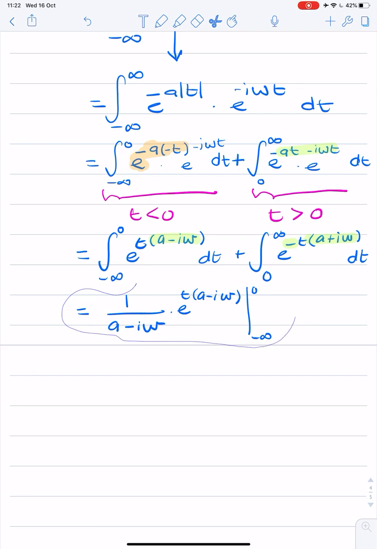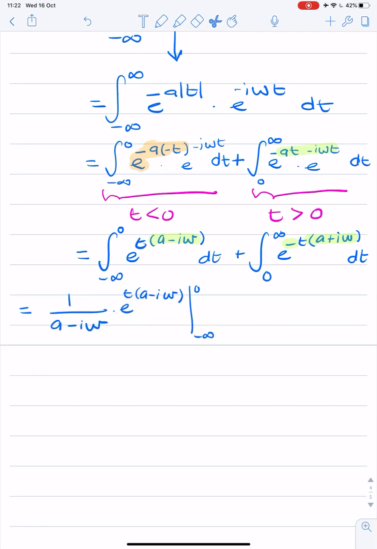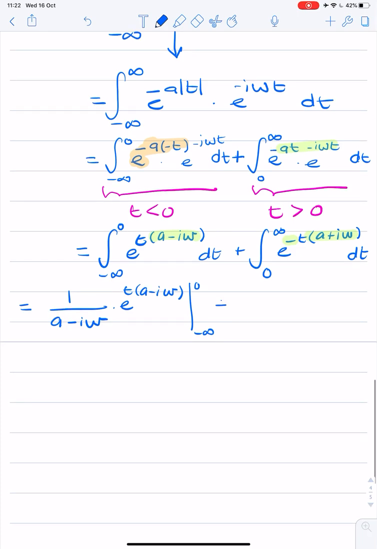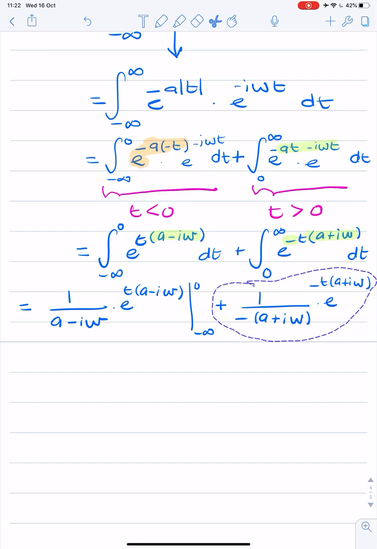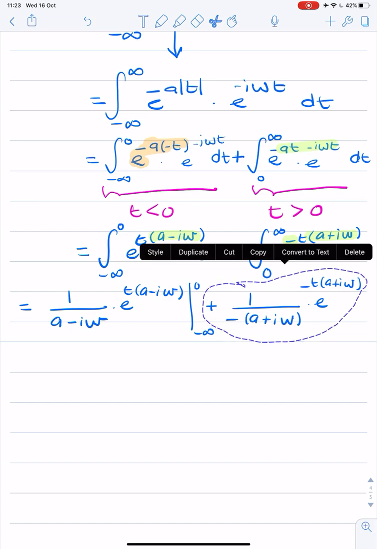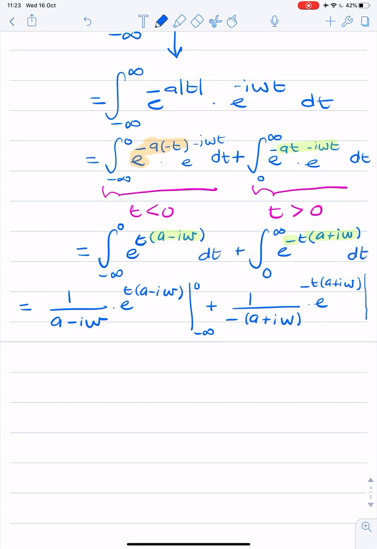Then I can add the same again, but this time we divide by minus a plus i omega, e to the minus t times a plus i omega, with the integral limits from 0 to infinity.